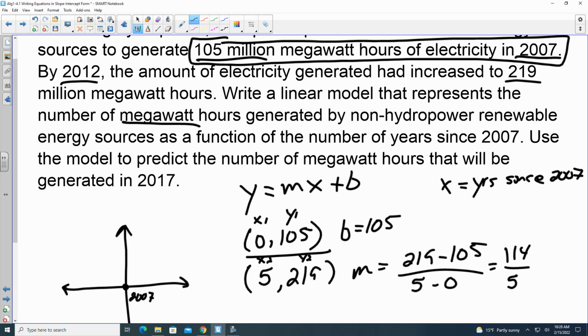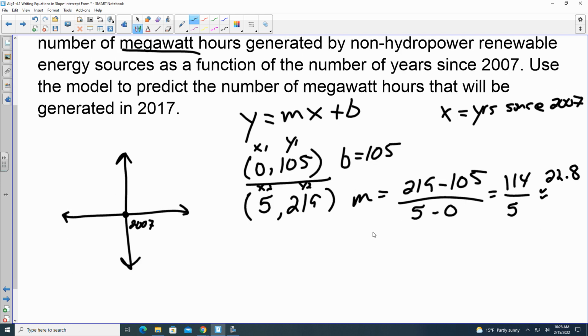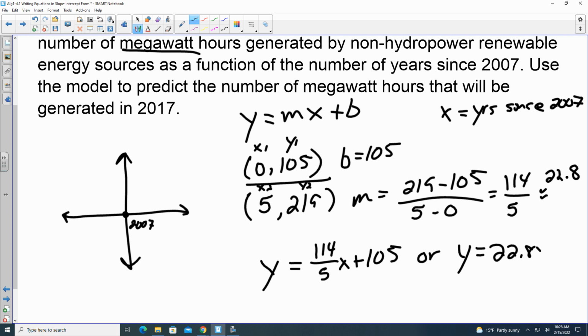And if you wrote it as a decimal, it'd be equal to 22.8. But you can also leave it as 114 over 5. So it doesn't matter which one you do. So I would say y is going to be equal to 114 over 5x plus 105, or if you prefer to use the decimals, y is equal to 22.8x plus 105.